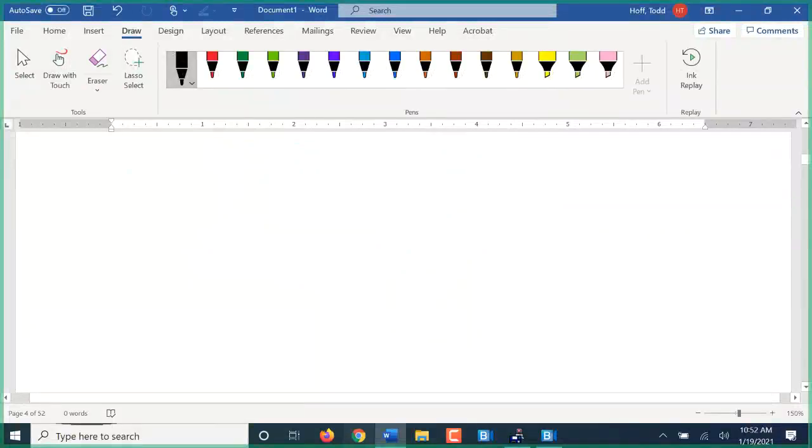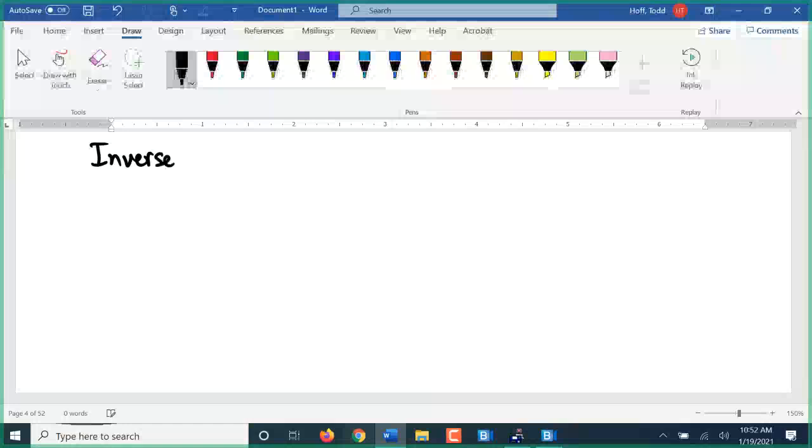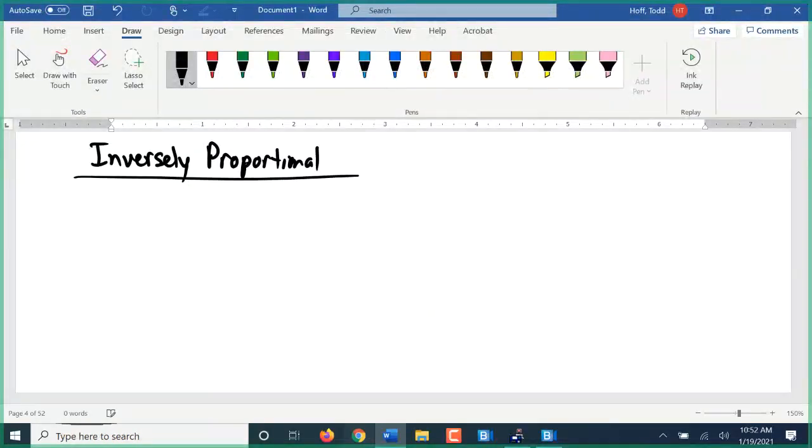Next piece, I don't like the fact that they refer to this even as proportional. Call it inversely proportional. To me, it's not proportional. It's not constant rates. It's really what I refer to as inversely related. There is a slight difference between those two terms.